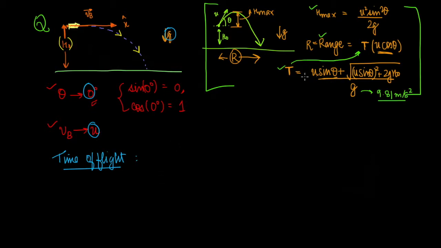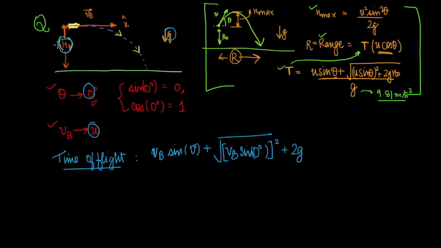So for time of flight we employ this formula, where u would be v sub b: v sub b sine of 0 degrees plus the root of (v sub b sine of 0 degrees) squared plus 2g. And the initial height is h sub 0, so that goes as it is, and we divide the entire thing by g.